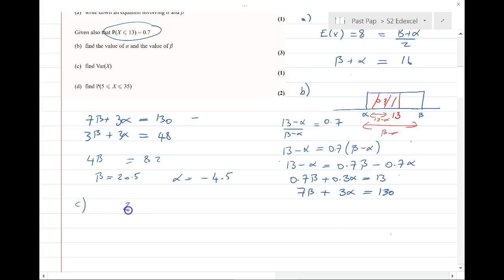So we've got 20.5, take away the negative of 4.5, squared, all over 12. So that comes to 31 over 50 or 0.62.